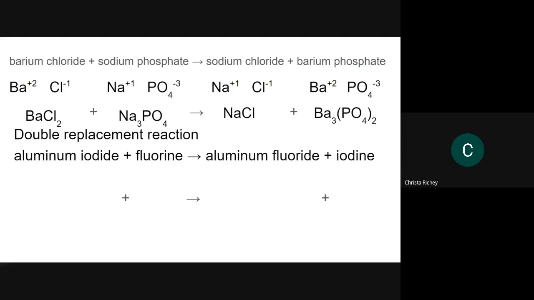Aluminum. What is the symbol for aluminum? Al, and its charge is always what? Positive 3. Iodide comes from iodine. It's I with a charge of -1, it's group 7. Is fluorine one of the special 7 elements? No. Yes, it is.